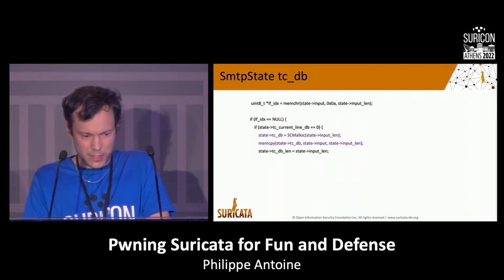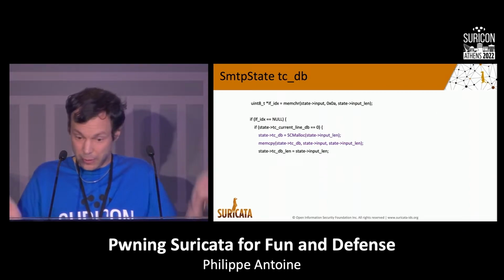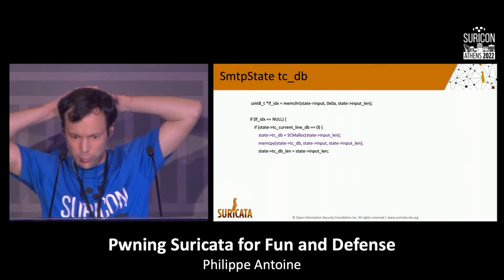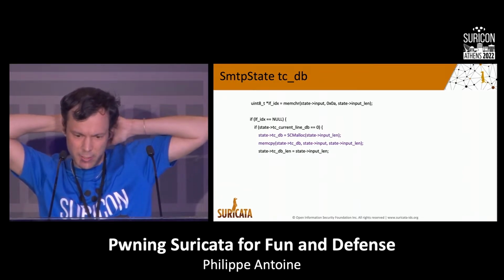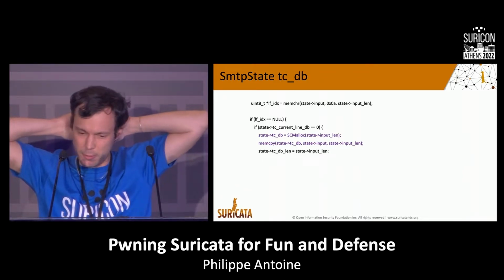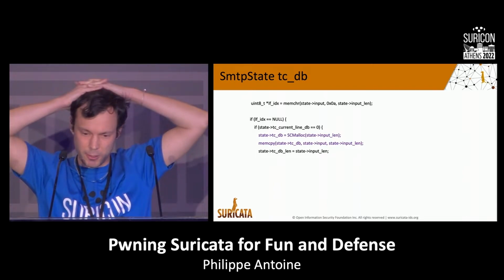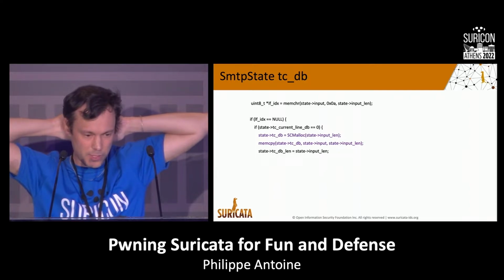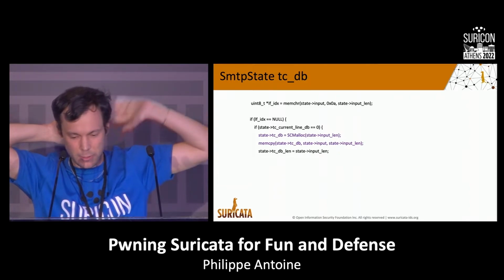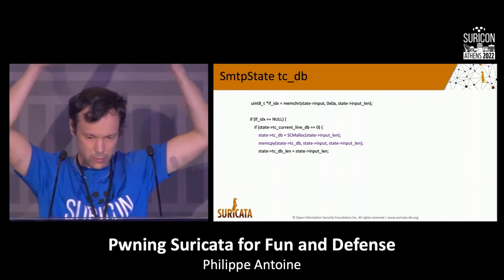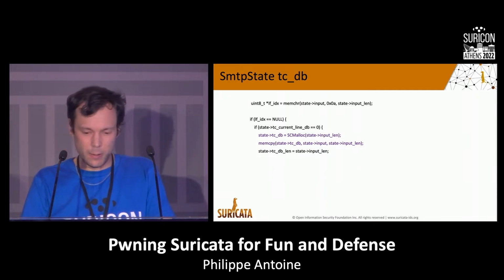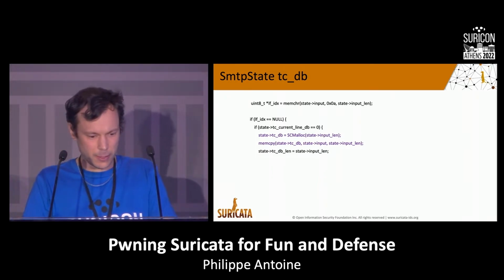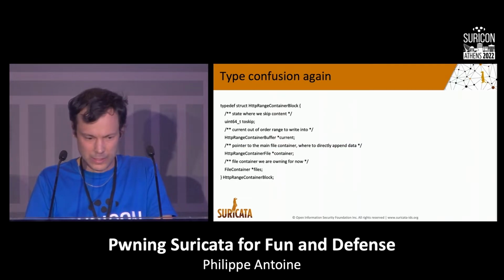And tcgb is a pointer to a buffer of completely controlled input by the attacker. The only constraint here is that this buffer cannot have a new line in its content, so the ASCII 10 character.